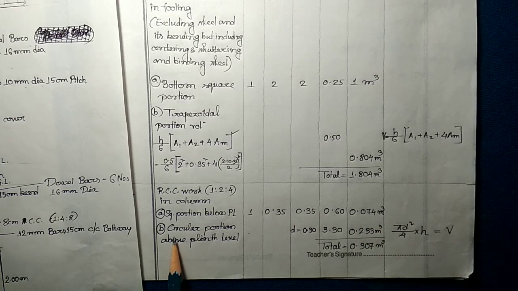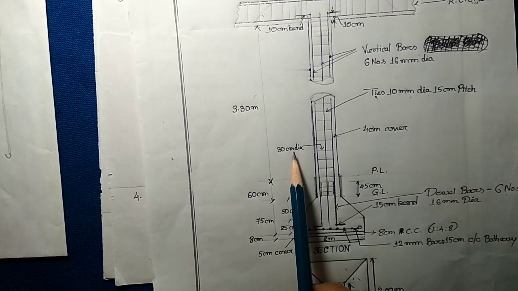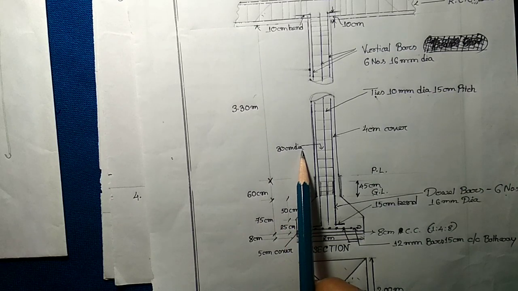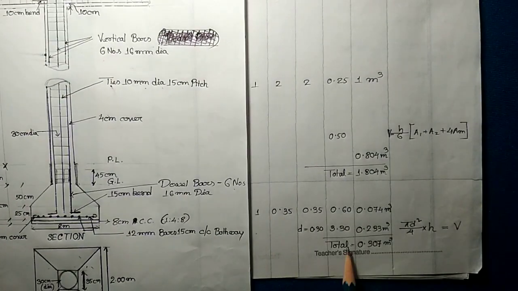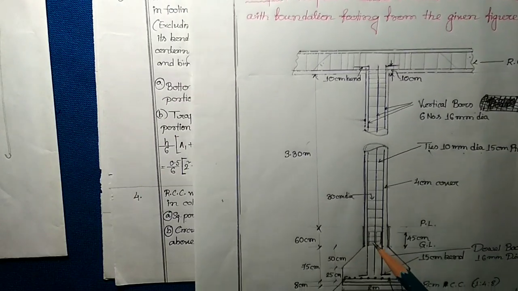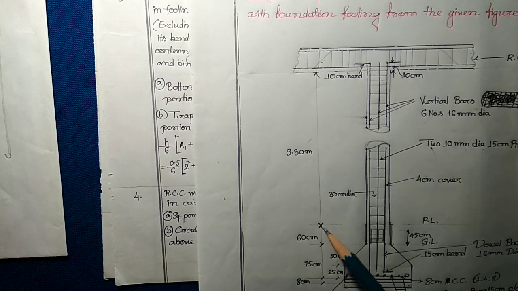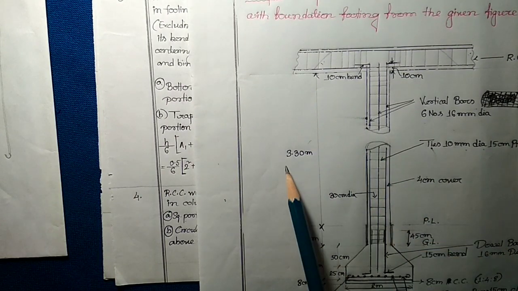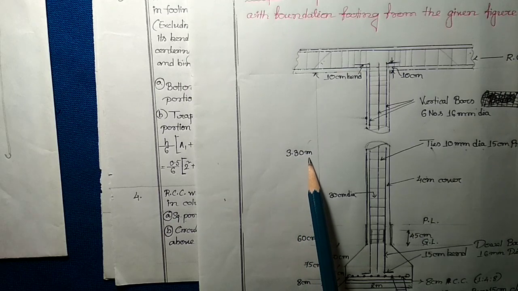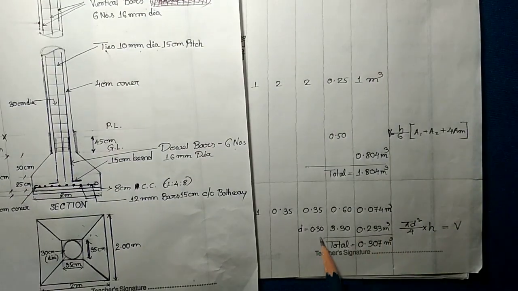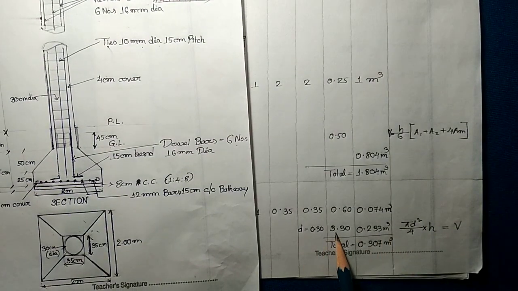Then coming to the circular portion above the plinth level, see the diameter is given as 30 centimeter dia, and the height, we need the height from plinth level to the beam. The height is given as 3.30 meter. So diameter is this one and height is this one.